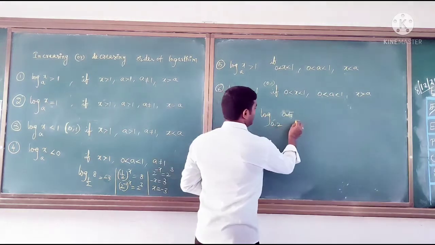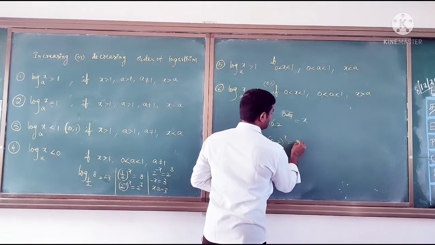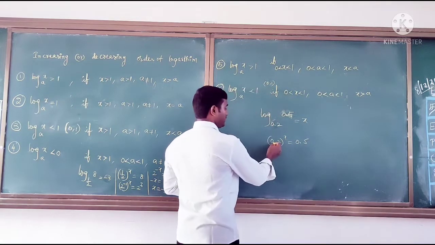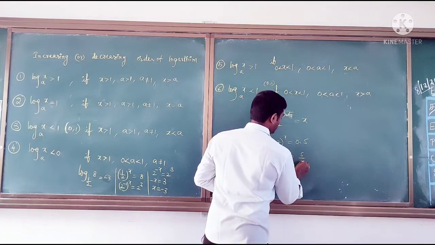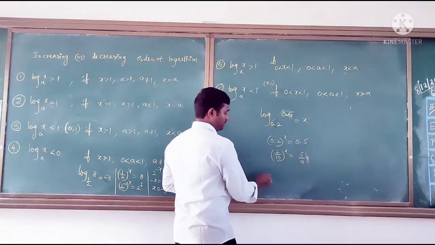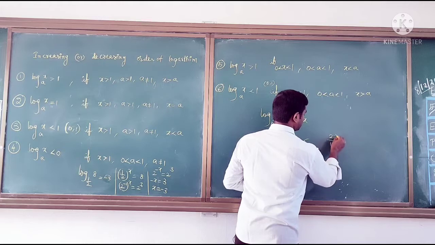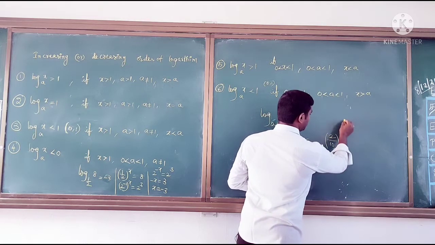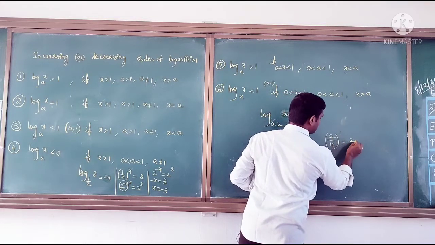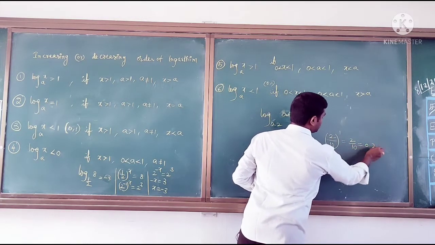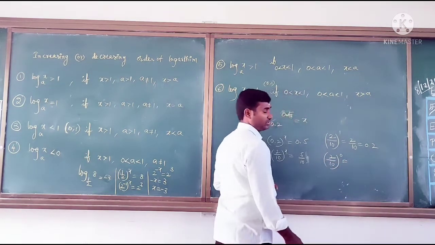See this, how can you write it in the exponential form? So that is 0.2 whole power x is equal to 0.5. So 0.2, how can you write in fractions? 2 by 10 whole power x is equal to 5 by 10. So which number will give it? 2 by 10 whole power 1 is equal to 2 by 10, that is equal to 0.2. 2 by 10 whole power 0 is equal to 1.